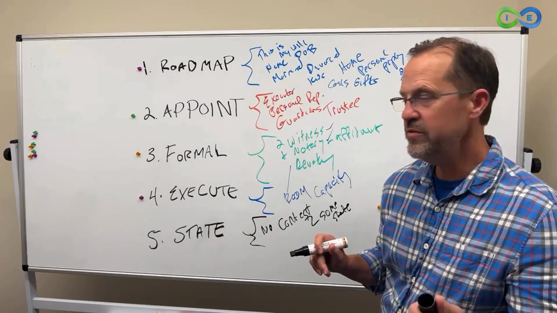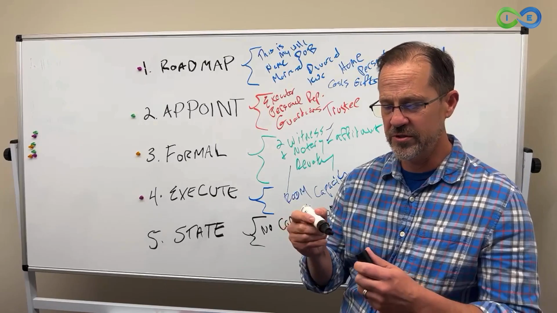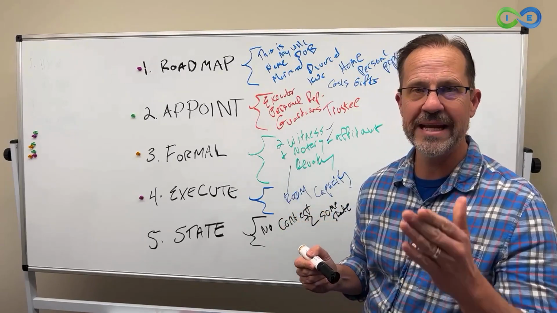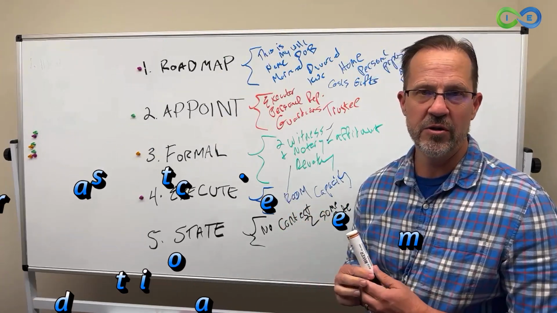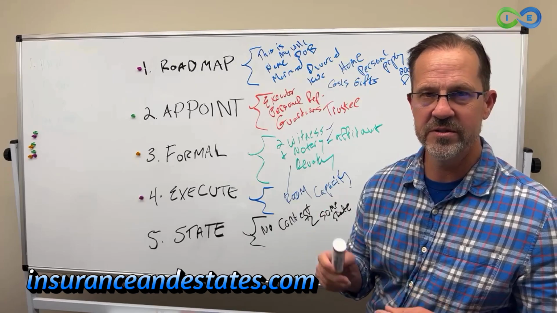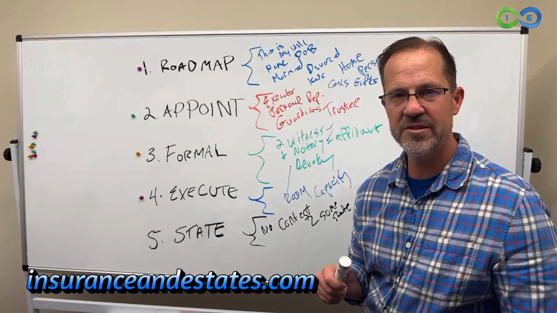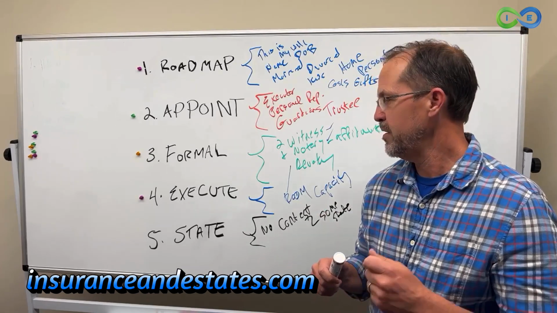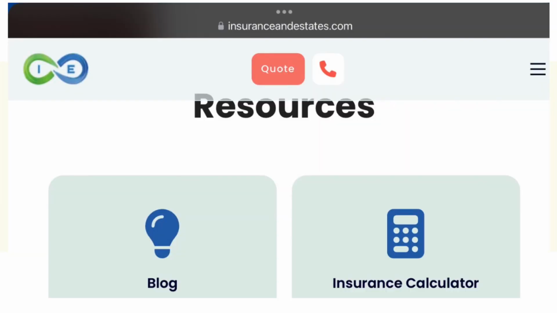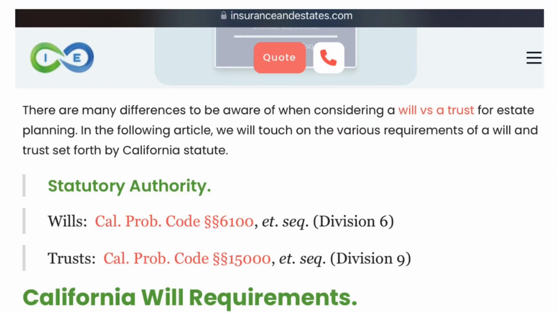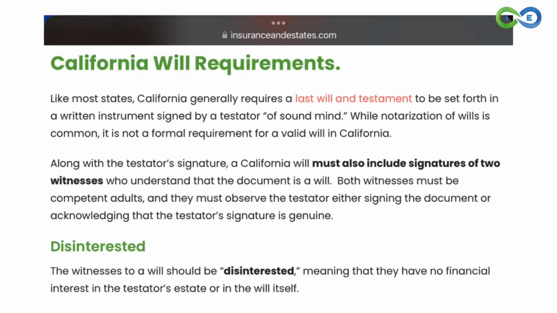So I encourage you, we've created a resource on our resources page in our blog where you can look up your home state and wills, and our website is InsuranceandEstates.com. Go to the resources page, blog, look up your home state, wills, and it should give an overview of the statute in your state, plus some general information, again, for educational purposes.